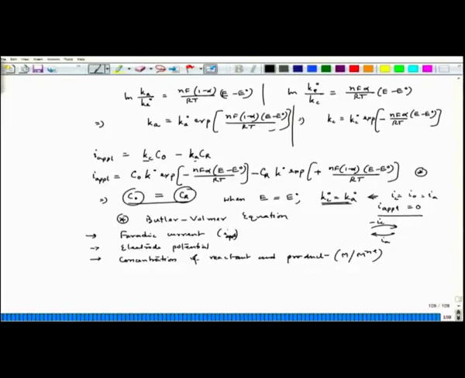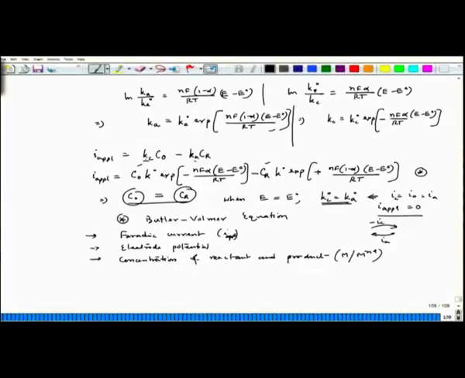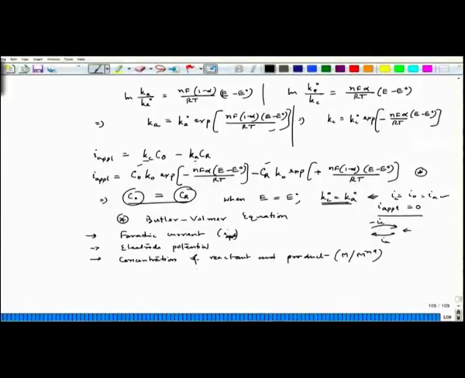Now, when it is actually polarized, that time this concentration may change depending on whether it is activation polarization or concentration polarization. We would look into that part a little later, but for the time being, we see that this Butler-Volmer equation has a relation between Faraday current, electrode potential and concentration of reactant and product, and from this equation we can actually derive the Nernst equation too.